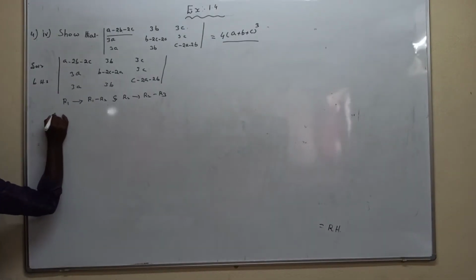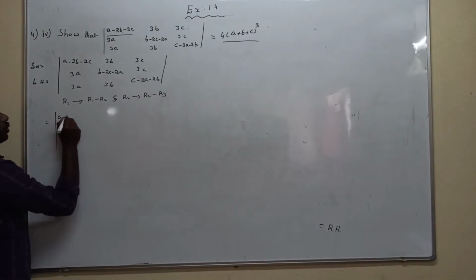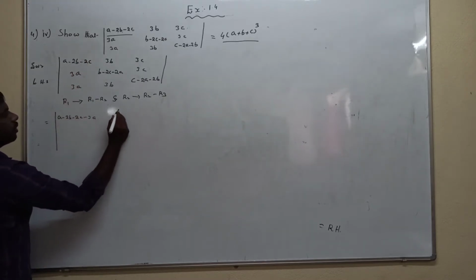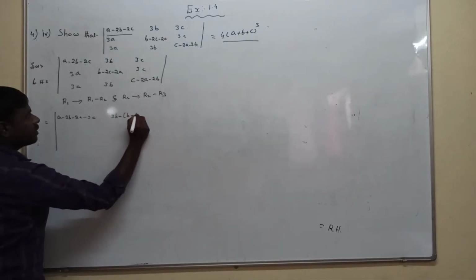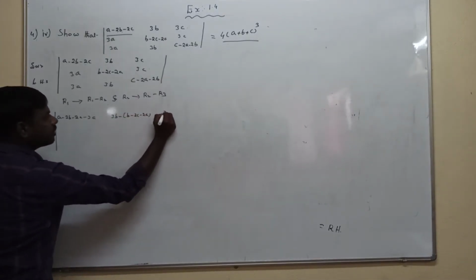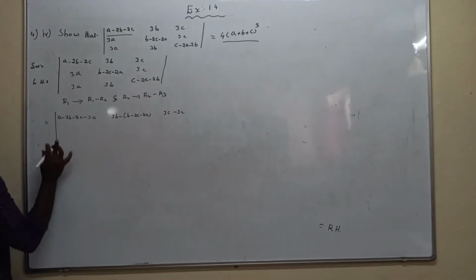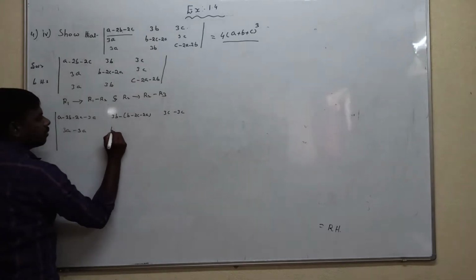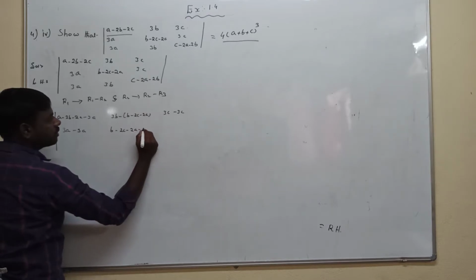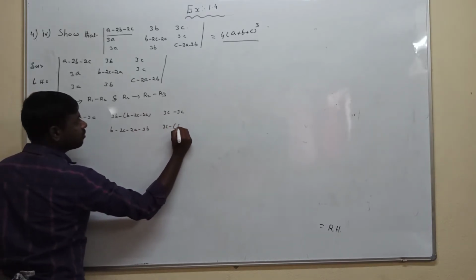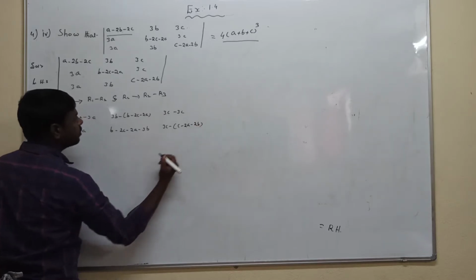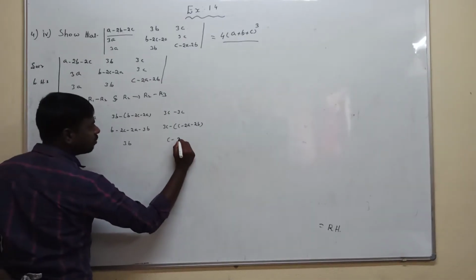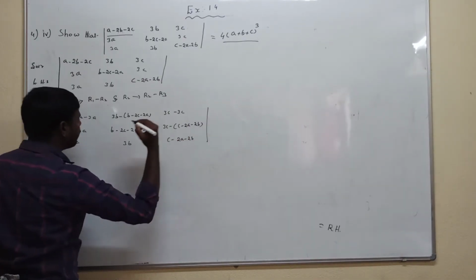R1 changes to R1 minus R2: 3b minus of b minus 2c plus 2a, 3c minus 3c. R2 changes to R2 minus R3: 3a minus 3a, b minus 2c minus 2a minus 3b, 3c minus of c minus 2a minus 2b. Third one does not change, that's why I write it as it is: 3a, 3b. Simplify this one.